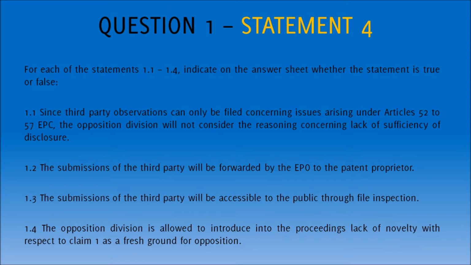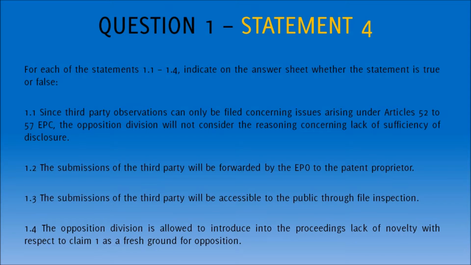Let's come to the final statement, number 4, which reads, the opposition division is allowed to introduce into the proceedings lack of novelty with respect to claim 1 as a fresh ground for opposition. Well, I touched on this a little bit already when we talked about statement 1.